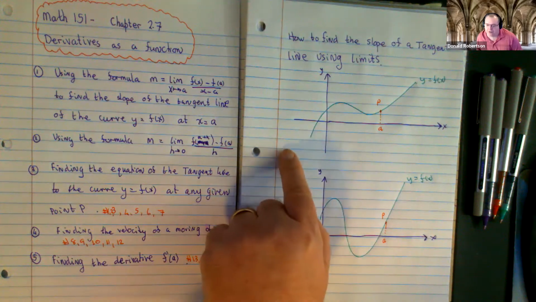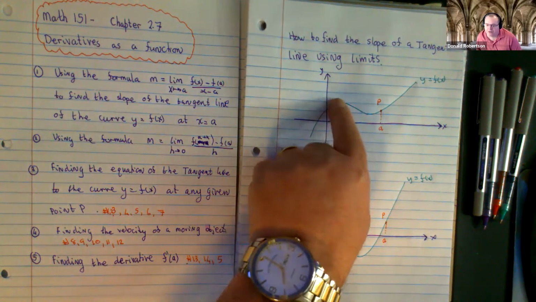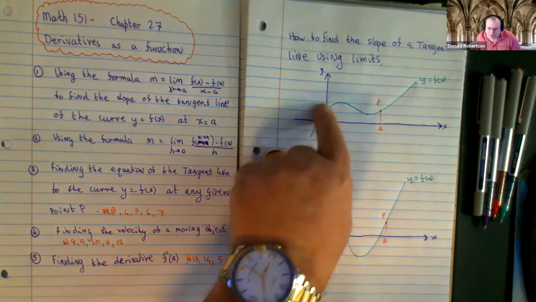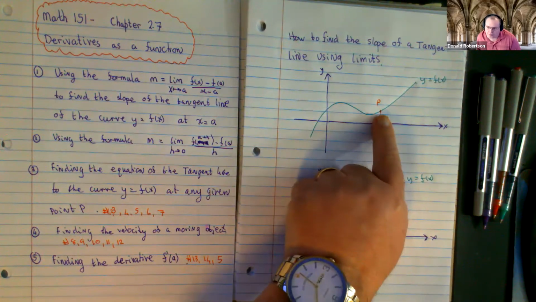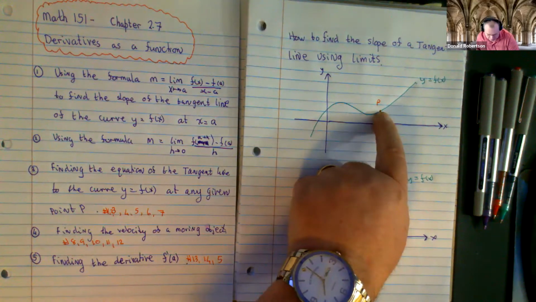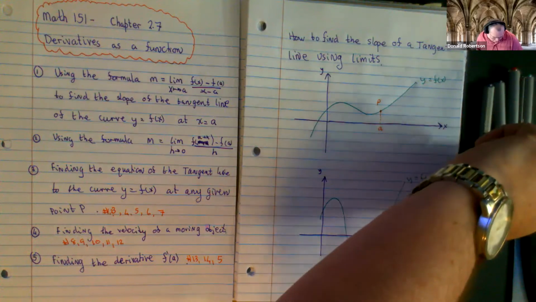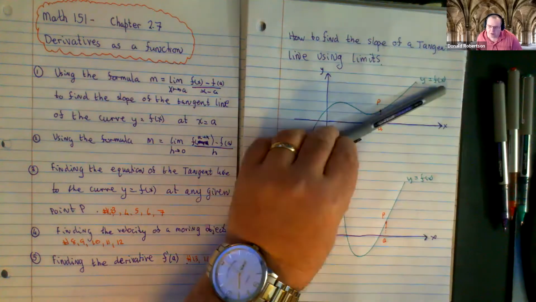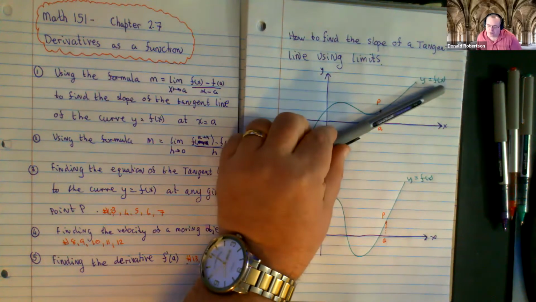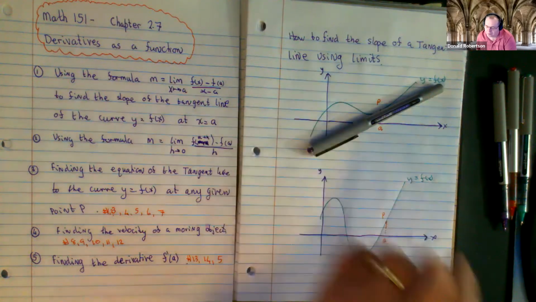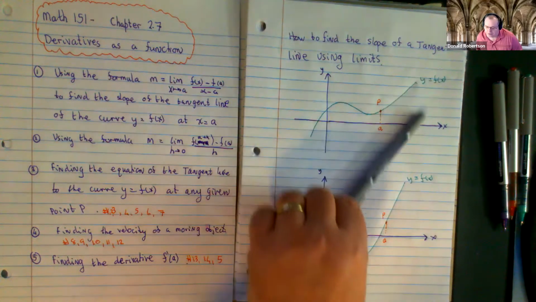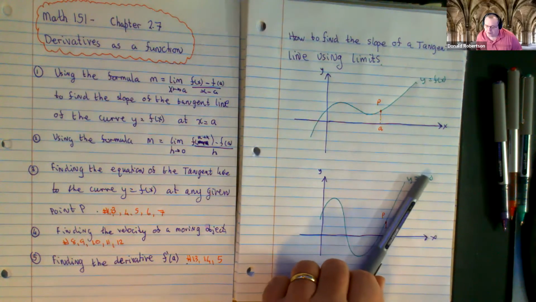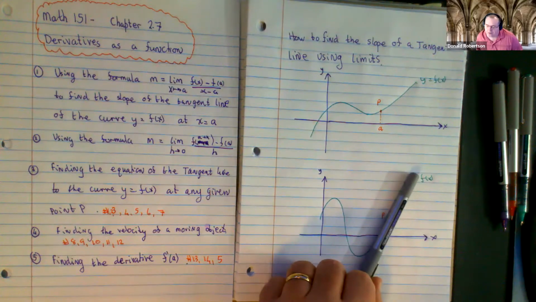So here's my first story. Imagine this is the curve y equals f of x, and I am interested in the slope of the tangent line at P. So we're talking about roughly the slope of that pen, right? That would be its tangent line. And down here, it's a little bit steeper, the tangent line is probably like that.